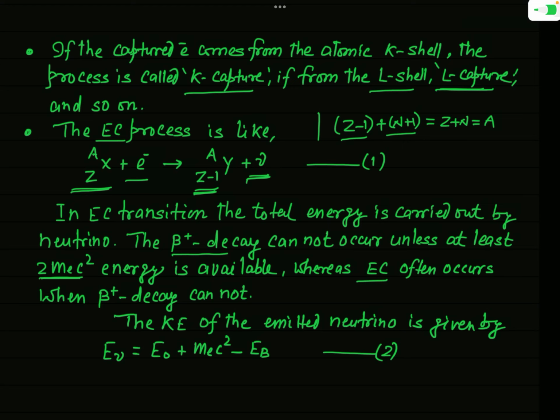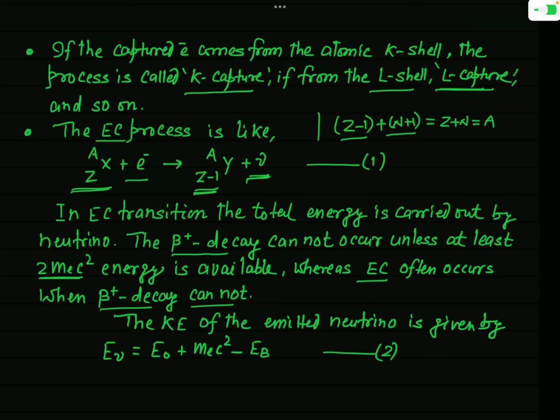It means EC often occurs when beta plus decay cannot take place. So even then the electron capture takes place. And as I have told you, the total energy evolved in this process is carried by the neutrino.